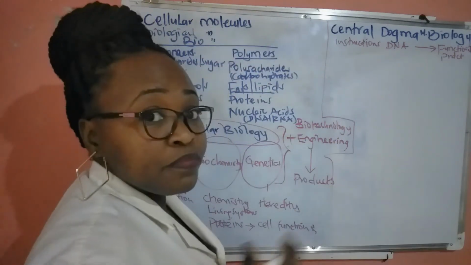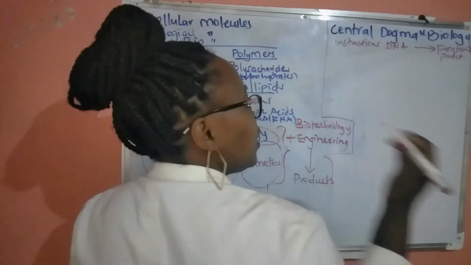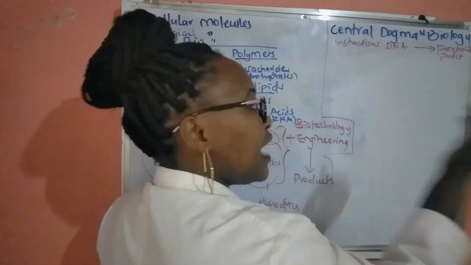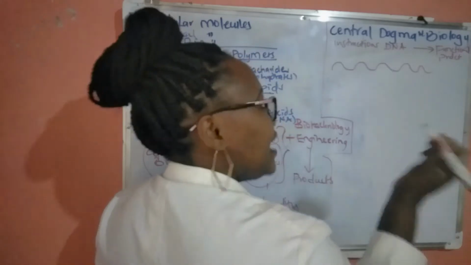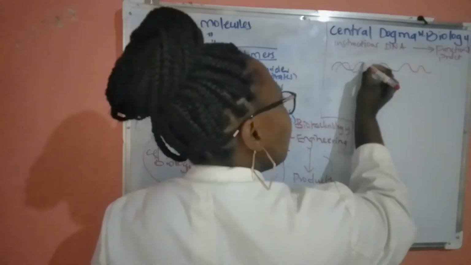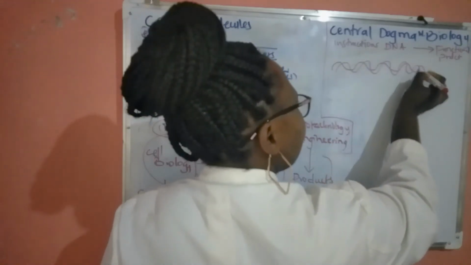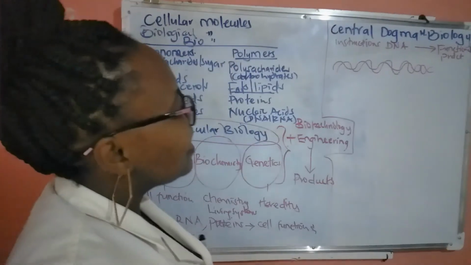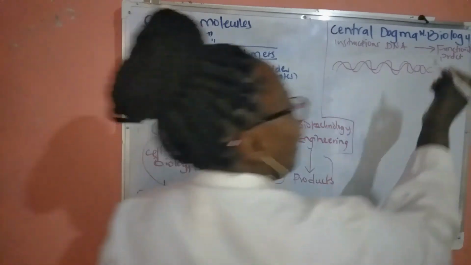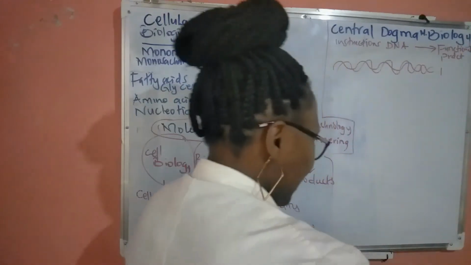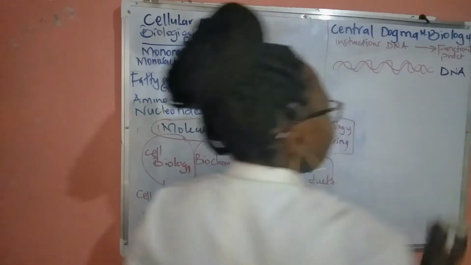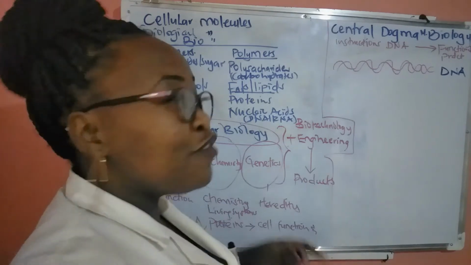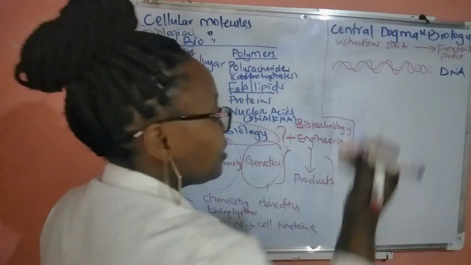So we start from DNA. Our DNA normally, we will be looking at it further, is a double helix. It looks something like that. My diagram is not the best. That is our DNA. So DNA comprises information or instructions.